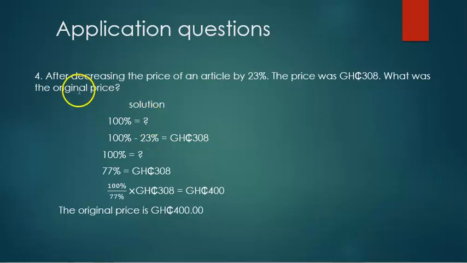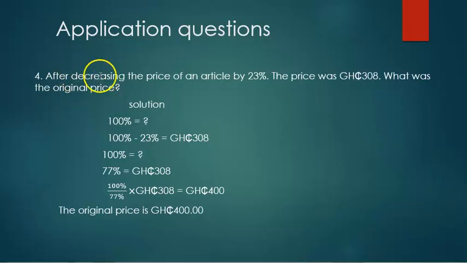So that means that since we are looking for the original price, the original quantity or the original percentage is still equal to question mark, but we don't know how much the article was being sold for earlier. So our 100%, which happens to be our original percentage, is equal to question mark, which we don't know.